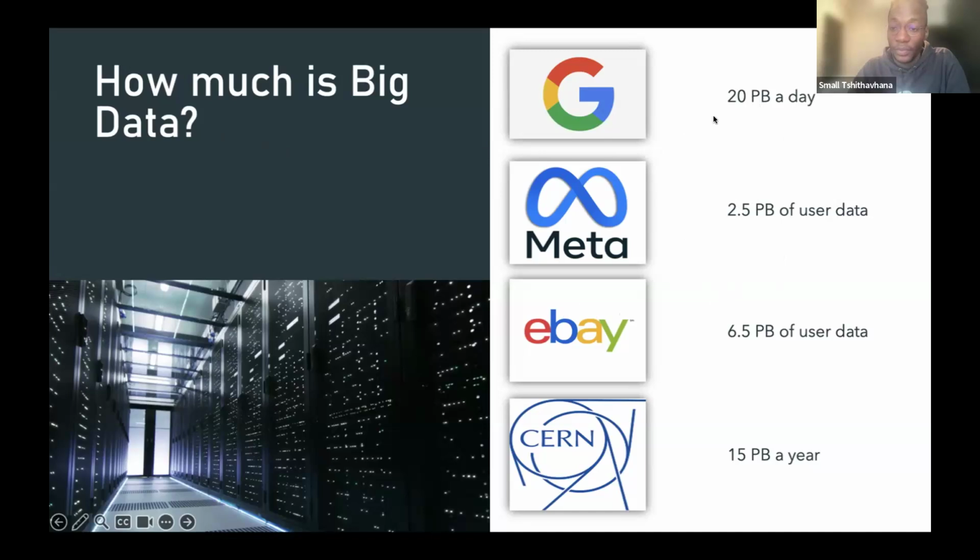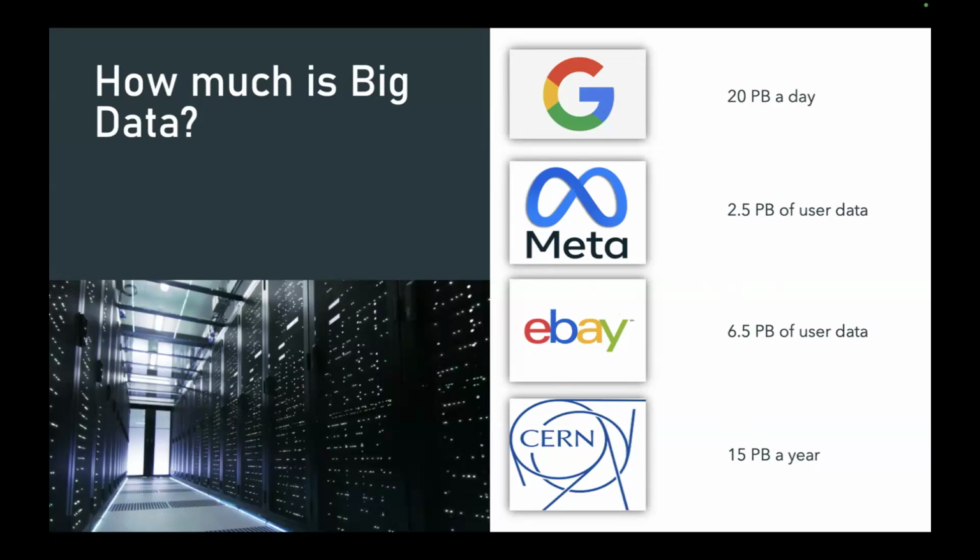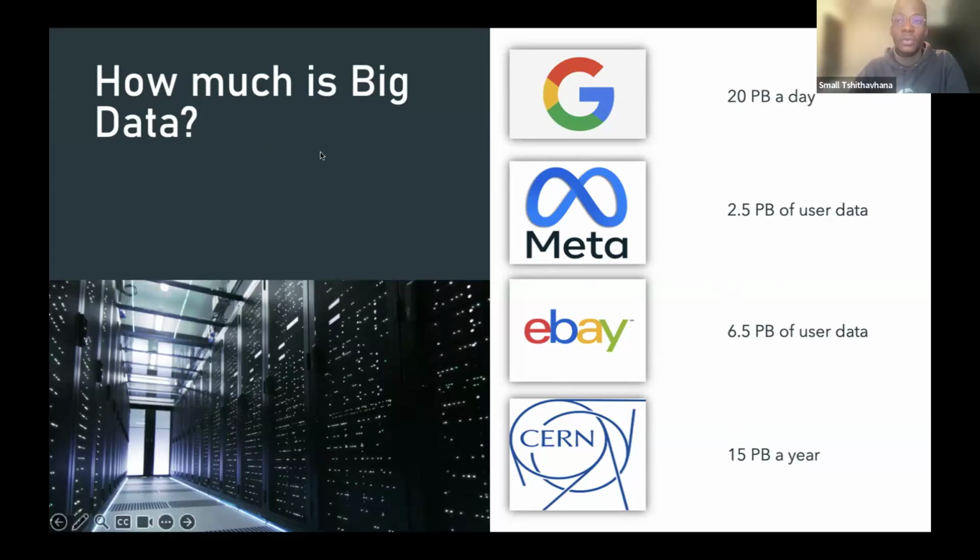And also the CERN Super Hadron Collider collects 15 petabytes of data on a yearly basis. So you can imagine that it becomes hard to get meaningful insights or research from that data using traditional means, due to how slow the system that we're currently using is, since it's usually built for data which is in the thousands.